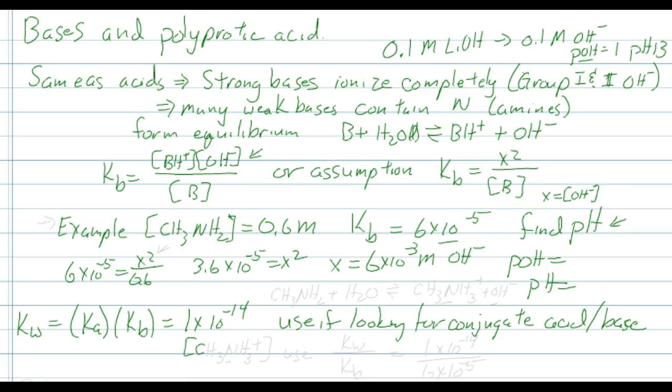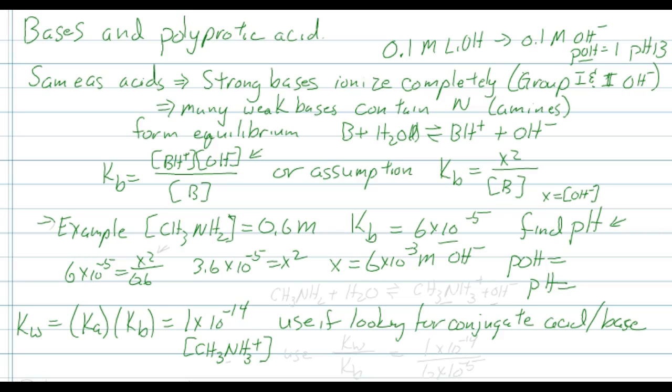If you want to find out what the Ka is for CH3NH3 plus, this is the conjugate acid of this base. And maybe I should write that equation down so you can see what's going on.